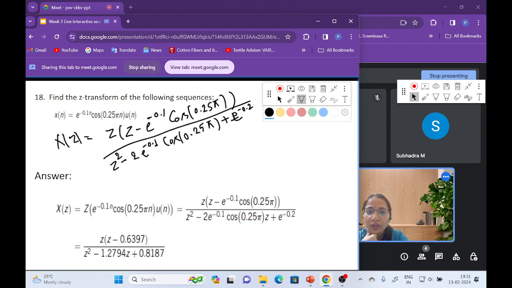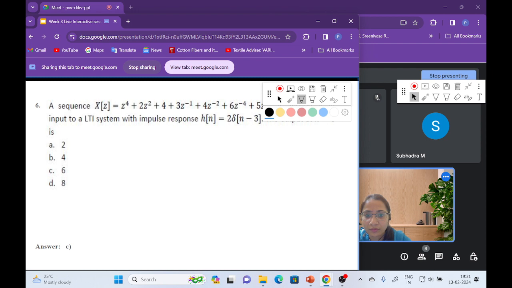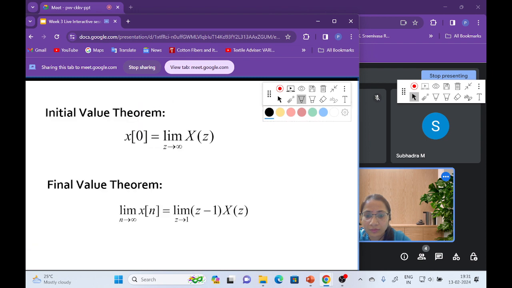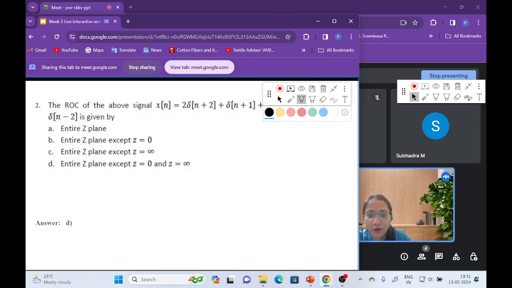Why is it 0.2? Let me check. Oh, e to the power minus 2a is there, so that's why 0.2.